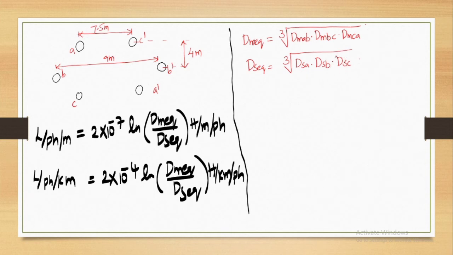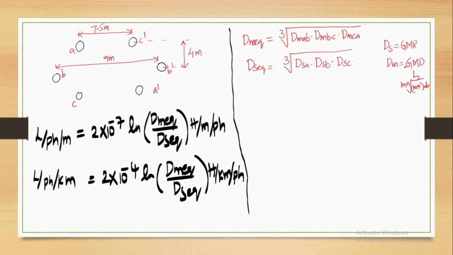So ds is nothing but GMR, and dm is nothing but GMD. When you are finding GMD, you need to keep in mind the formula, which is the mn-th root of mn distances, where m is the number of conductors on one side and n is the number of conductors on the other side, right?